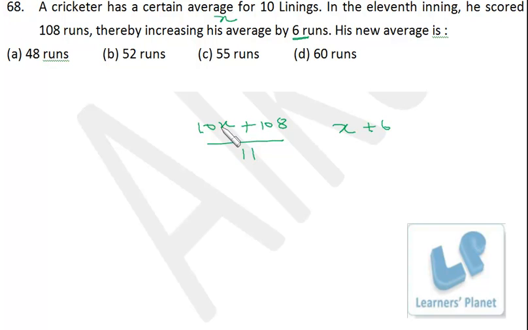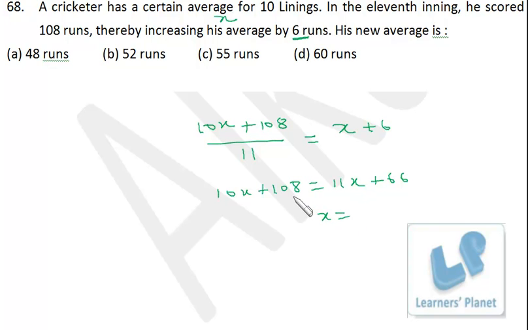I repeat, this is the total of 10 innings, this is the 11th inning, so this is the total of all 11 innings. If I divide it by 11, I'll get the average, and this is the initial average plus 6 more than that, right? So 10x plus 108 is equal to 11x plus 66.